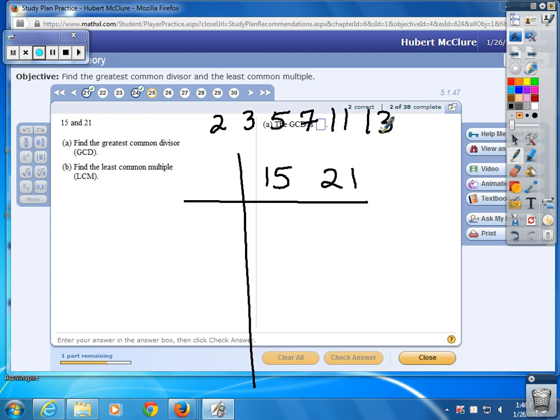And now you start dividing. Well, you know that both of them are divisible by 3. So 3, and that'll be a 5 and a 7. And then I'm going to take a red marker and put a red line under this.